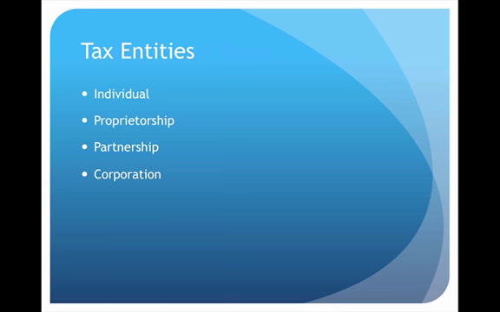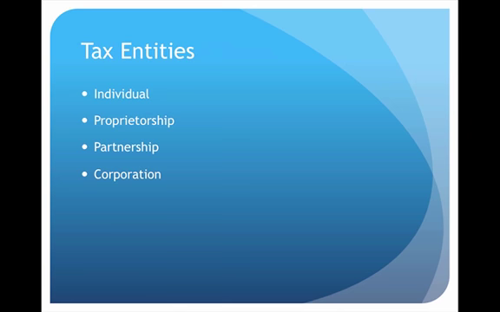And if you know anything about the different types of businesses, you've probably covered this in Intro to Business or Accounting Principles or various other courses. But you do know that there are three types. You have the proprietorship, partnership, and the corporation.